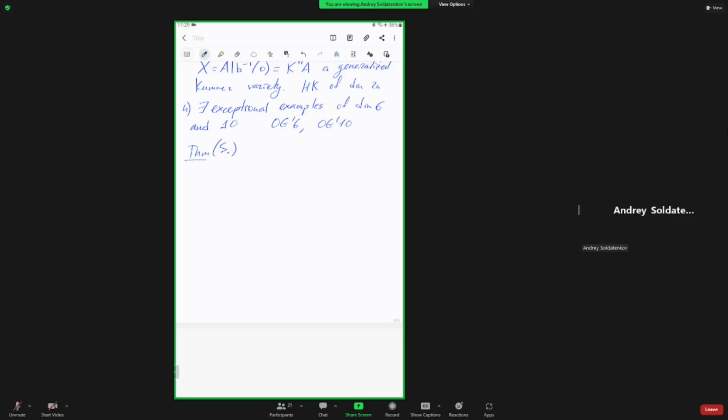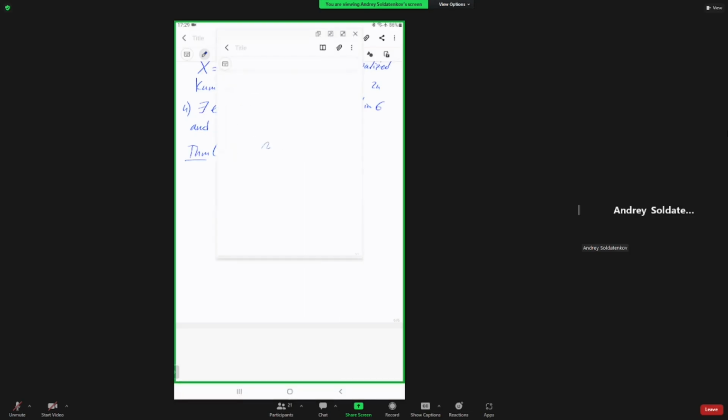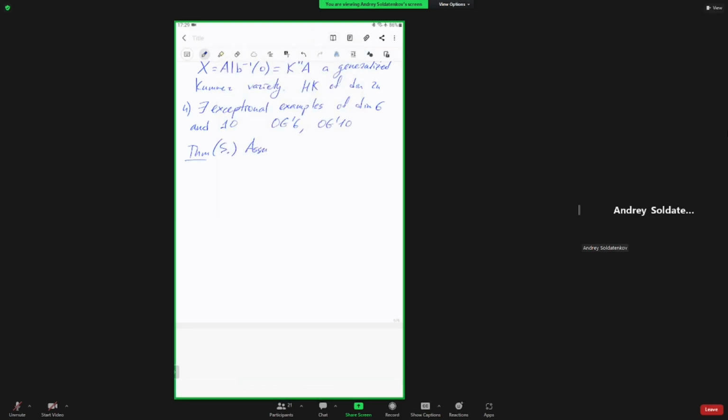I can prove that if you have two projective hyperkähler manifolds, so assume X1 and X2 are two hyperkähler manifolds, as before, projective always. But assume the second Betti number should be bigger than 3, and assume that they are deformation equivalent.